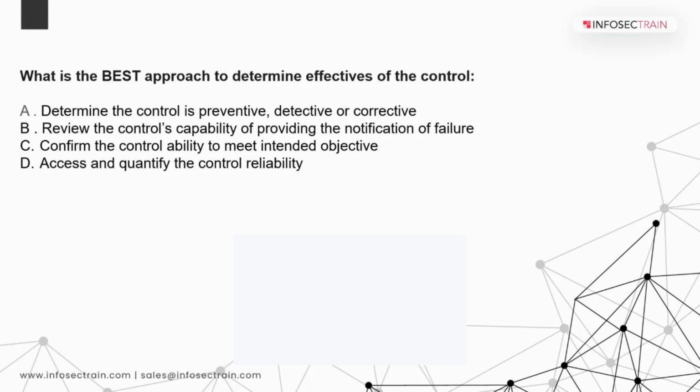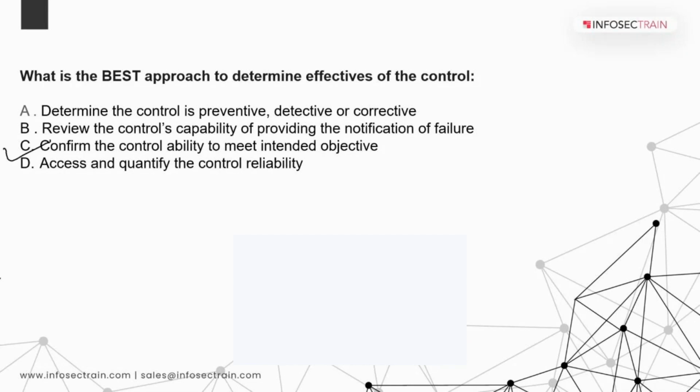So how can you evaluate? When you implement, you monitor, and you evaluate that the control is meeting our objective. Our objective is to reduce the risk to an acceptable level. And when you implement control, the risk will reduce to an acceptable level. So this is actually the approach.